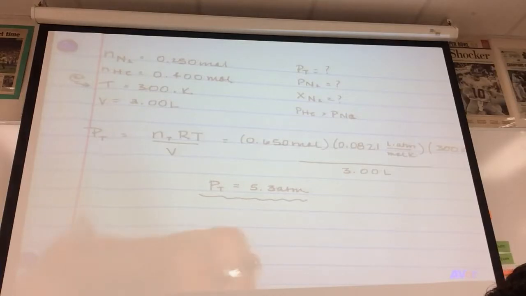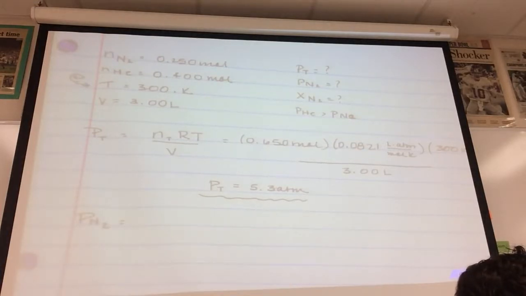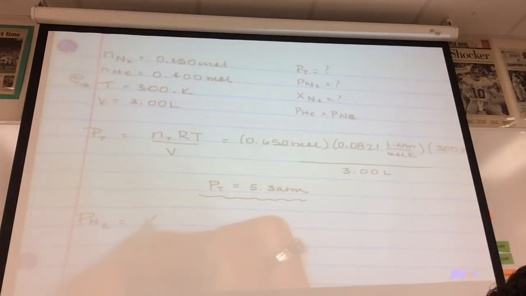Now let's try and get the pressure of nitrogen gas from mole fraction. So the pressure of the nitrogen gas is the mole fraction of the nitrogen gas times the total pressure.